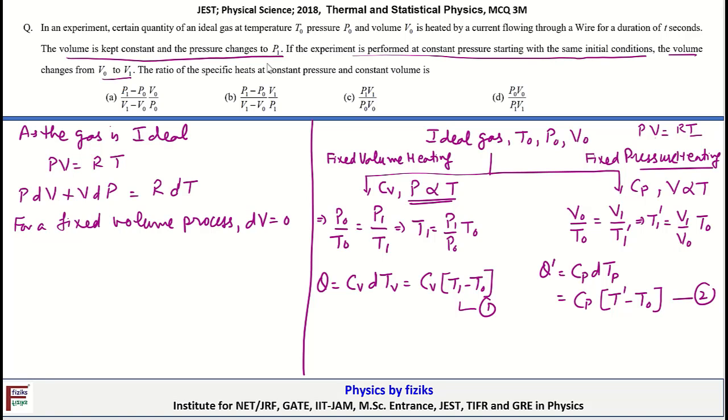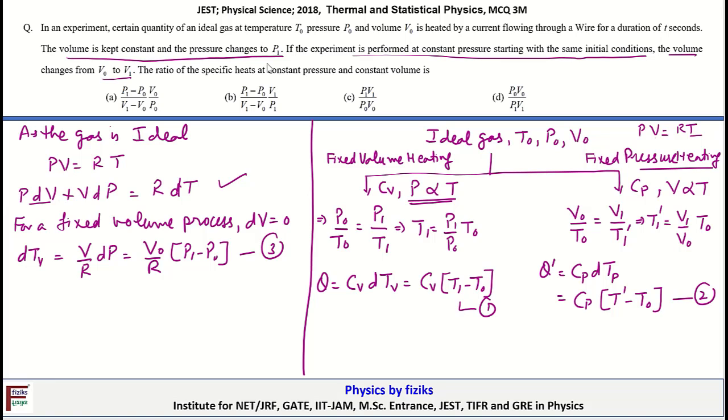If I call the change in temperature when volume is kept constant dTV, then this equation gives us, because dV is 0, dTV equal to V by R dP, and that is equal to V0 by R into dP, which is P1 minus P0. Let's call this equation 3.